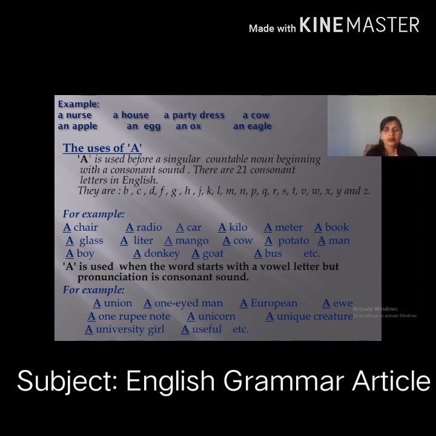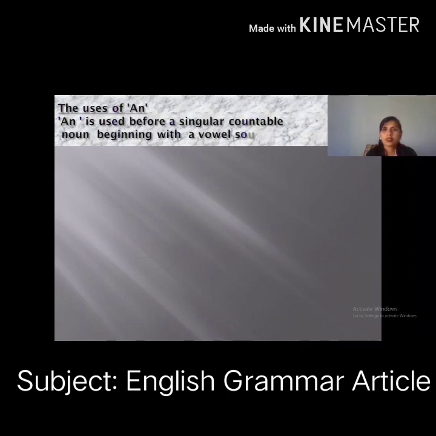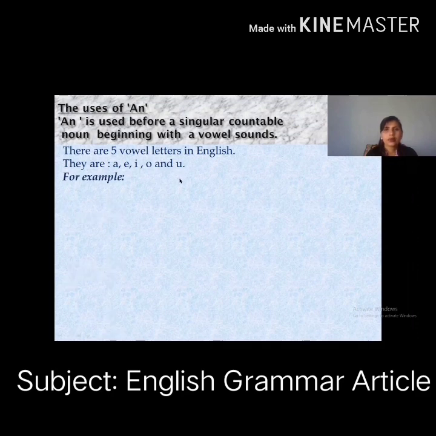Let's start the use of an. An is used before a singular countable noun beginning with a vowel sound. There are 5 vowel letters in English. They are A, E, I, O, and U. Look at the example. Ant, untidy girl, insect, owl.